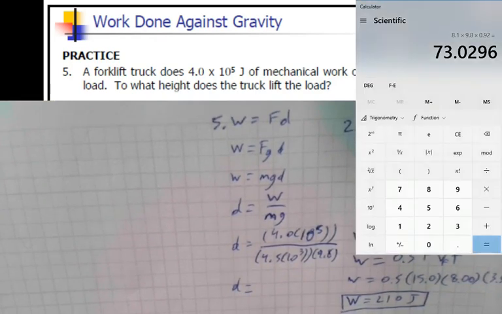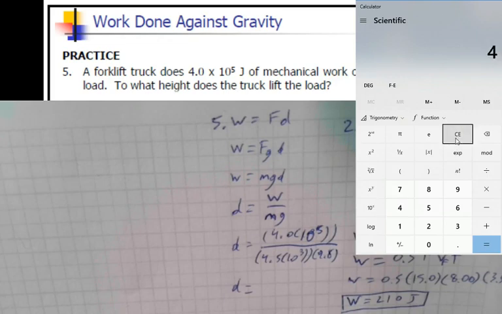Okay, so we have 4 times 10 to the power of 5 divided by 4.5 times 10 to the power of 3 divided by 9.8.